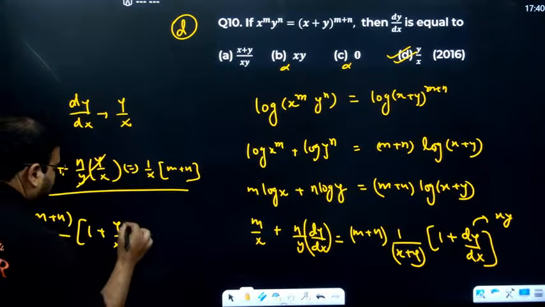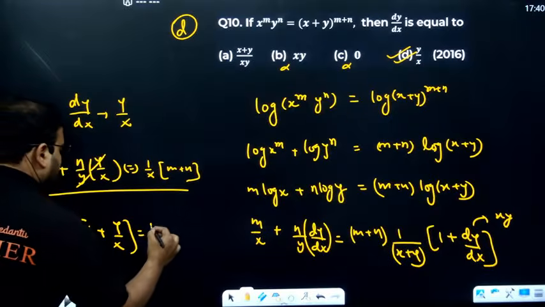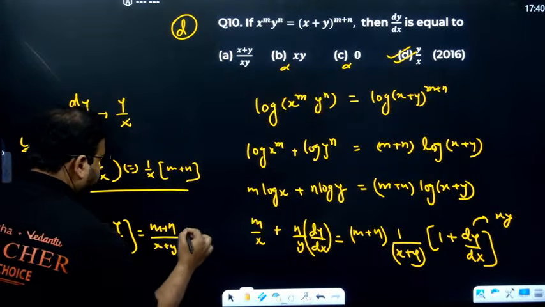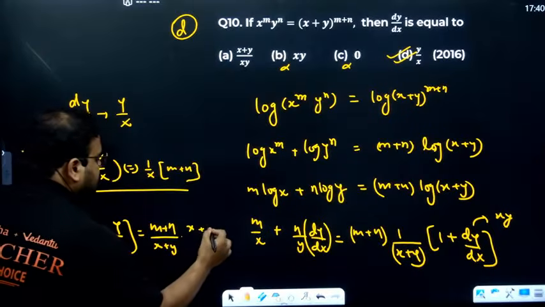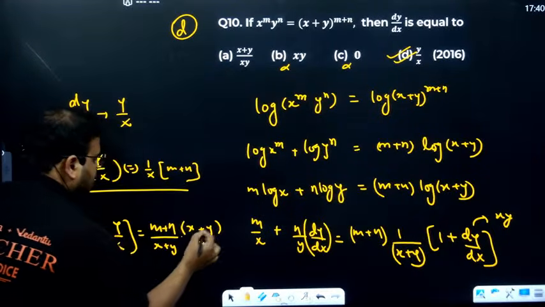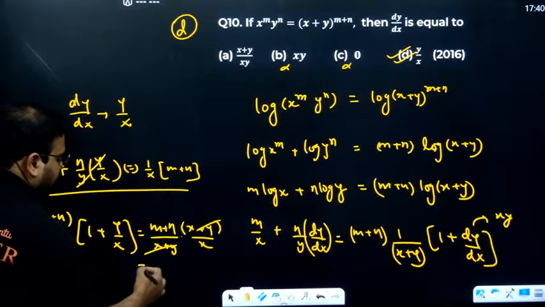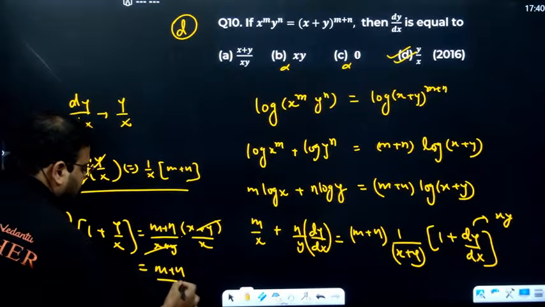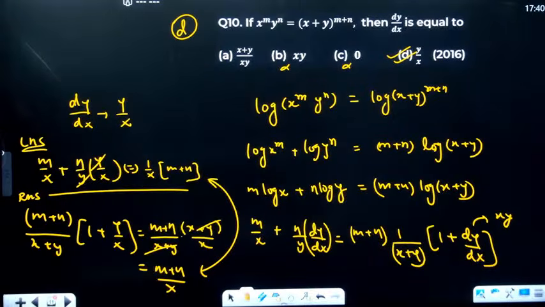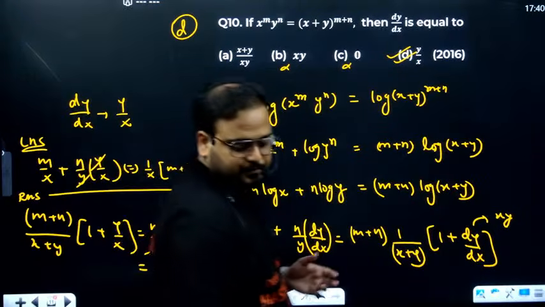Take LCM, x plus y upon x. This cancels, and again you have m plus n upon x. Is this equal? Check. These two are equal. So my option D is suitable.